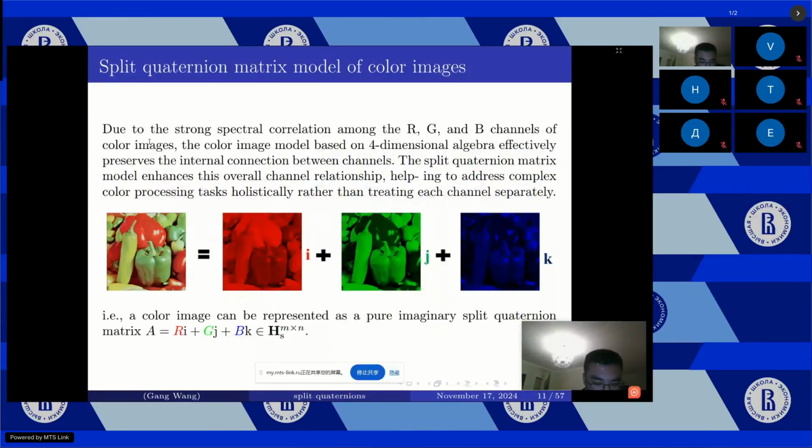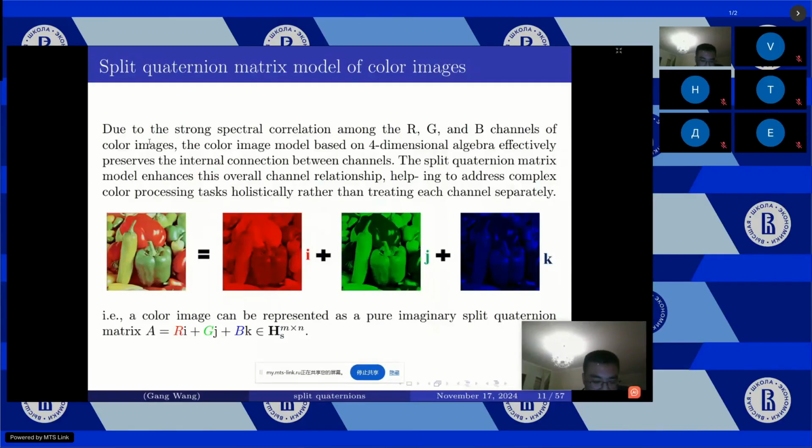A color image is stored in a computer as three real matrices, and there is strong spectral correlation among the R, G, and B channels. The color image model based on four-dimensional algebra effectively preserves the internal connections between the channels.